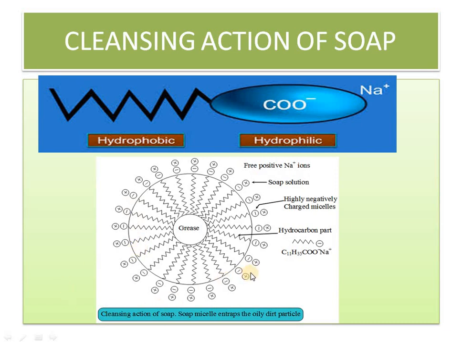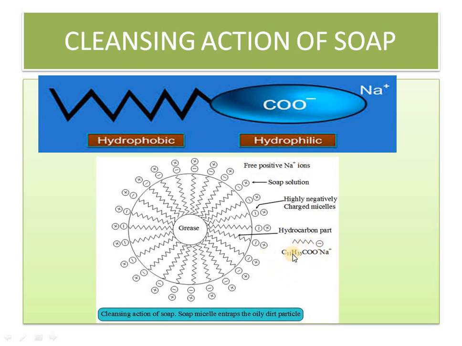So this is the soap action, where I would like to tell you one more thing. Soap is RCOONa, R is what? C17H35COONa, sodium stearate, sodium salt of fatty acid. So fatty acid COOH, H is replaced by Na, sodium salt of fatty acids.